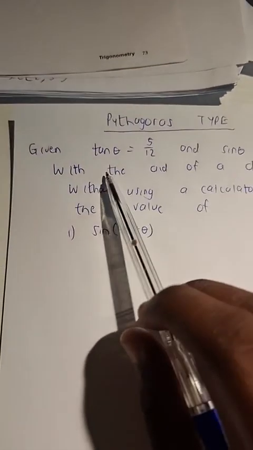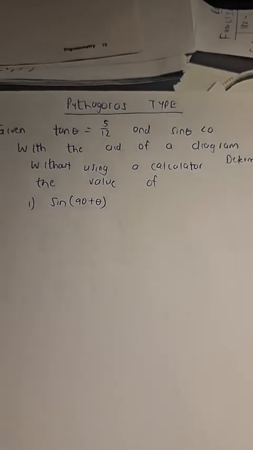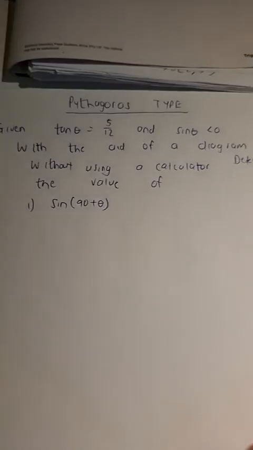Okay? Given tan theta is equal to 5 over 12 and sine theta is less than 0, you can see Esihle is already ahead of the game because she's like, quadrant 3.